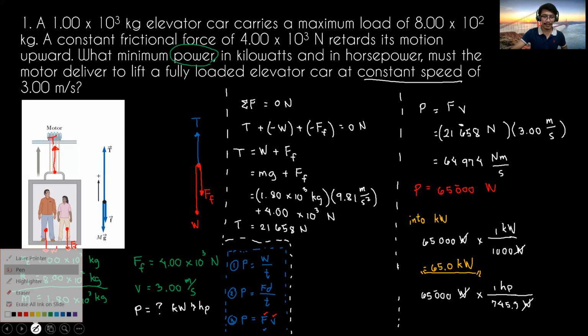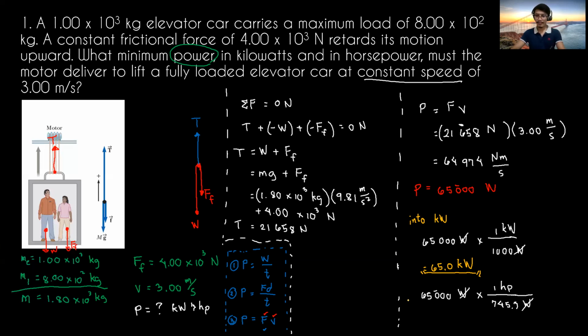And that will give us 65,000 divided by 745.7. That is 87.2. Convert into 3 significant figures. Horsepower.